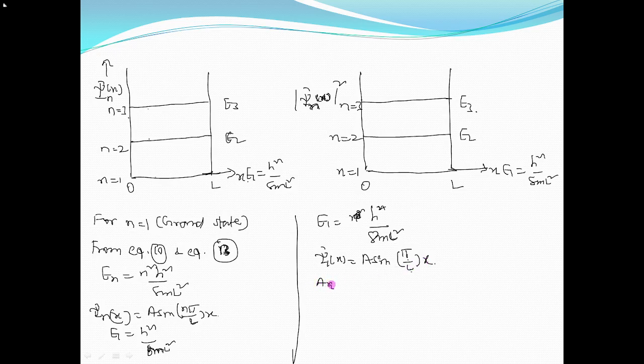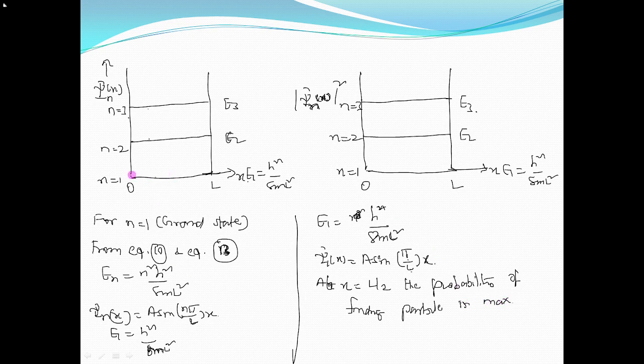So, at x is equal to L by 2. See here, if I keep x is equal to L by 2, L gets cancelled, I will get pi by 2. So at x is equal to L by 2, the probability of finding the particle is maximum.